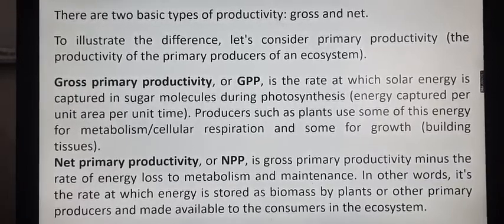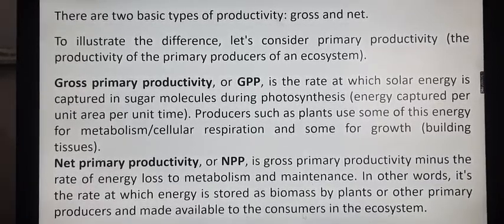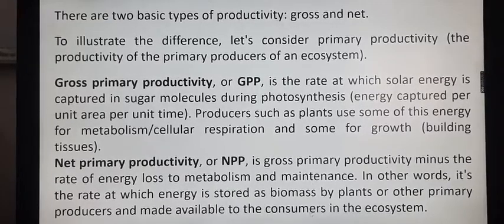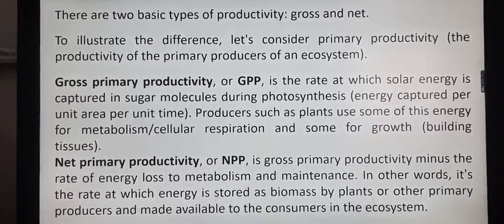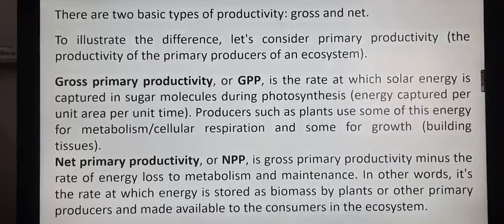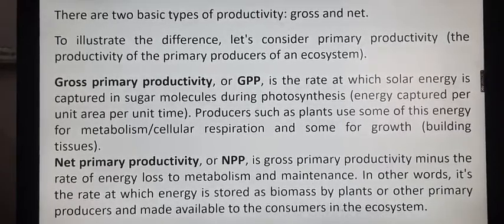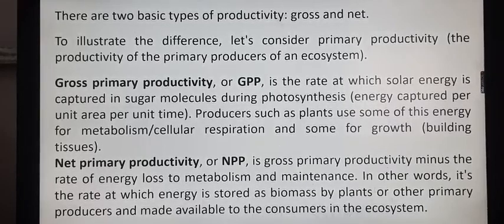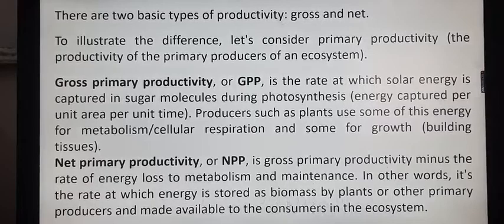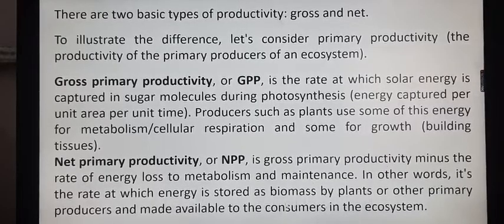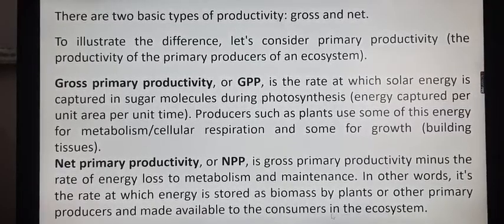Like in plants, whatever we eat is the biomass, and when this biomass goes into our body, it is used to build our own biomass. So only the energy of the sun in the form of biomass is available for the next level.